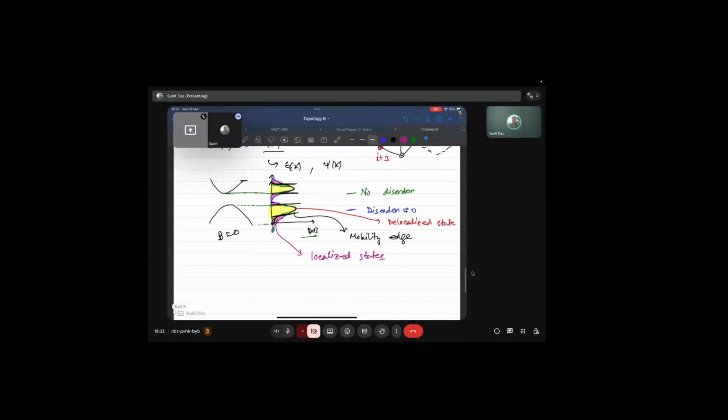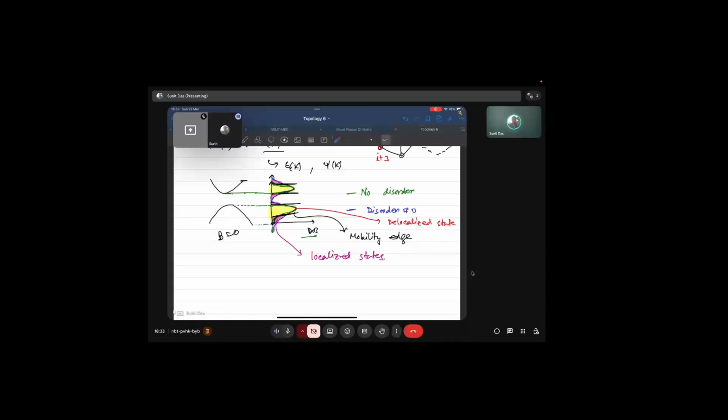Okay. So what really happens is that you had a density of states up to this when you had no disorder, and then in presence of disorder, the density of states gets broadened because there are other states there because of some impurities and so on. So these particular density of states are contributed by the disorder. Okay, and the earlier density of states in absence of disorder give rise to delocalized states. Okay, so these are consistent with the Bloch theory.